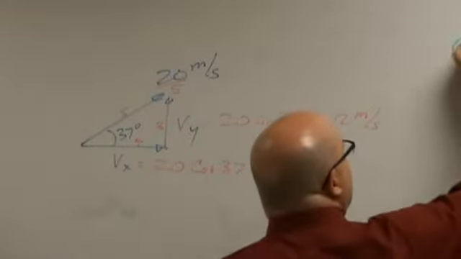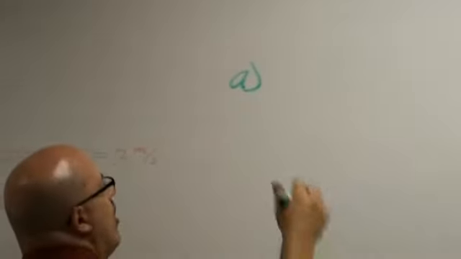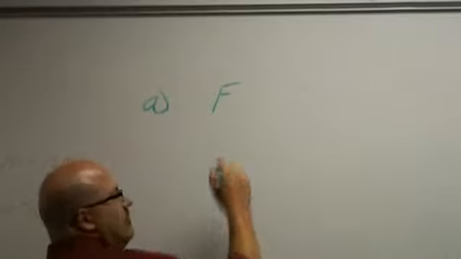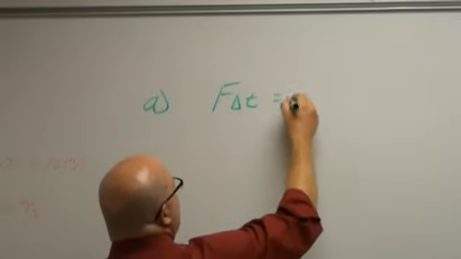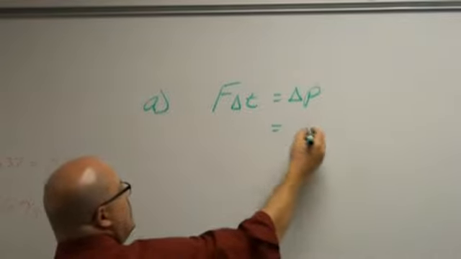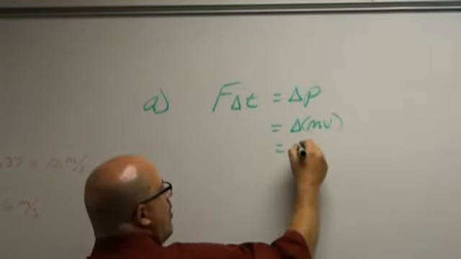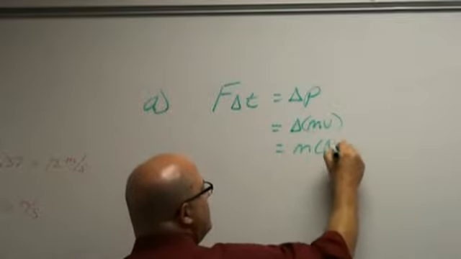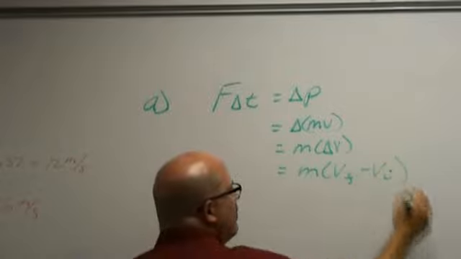Okay, part A says what's the average force of the person's foot on the ball? Well, the only thing they give us as a clue is the time of contact. And the only equation we have that includes force and time is impulse equals the change in momentum, which for us is m times the change in v, which is m v final minus v initial.